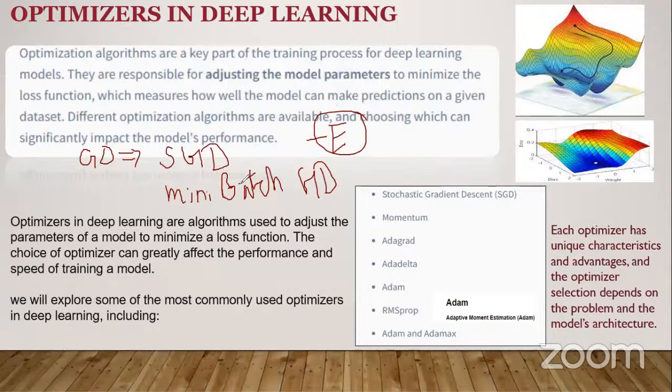In mini batch, what is happening? In mini batch gradient descent, they're trying to take the data in batches, different batches. If you have 100% data set, then maybe they take 30%, 30%, 30% of the data set in one iteration, and then calculate all these iterations. So that's how the mini batch gradient descent works.